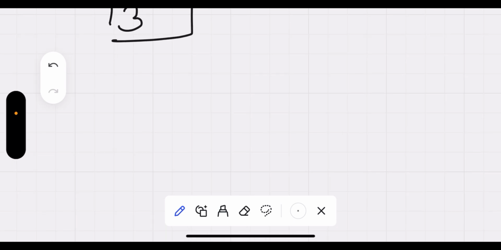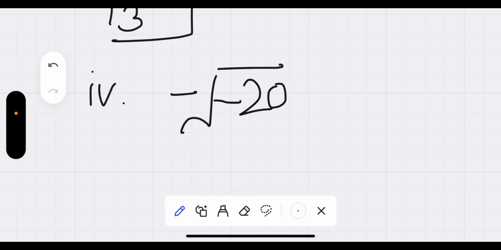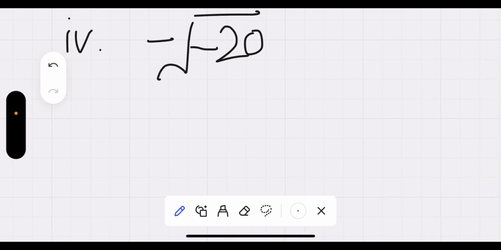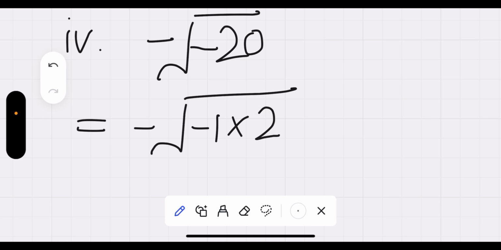Next we have the fourth part, negative times square root of negative 20. Now we have two negative signs, so be careful. This is the external negative sign, and within the square root we can write negative 1 times 20.